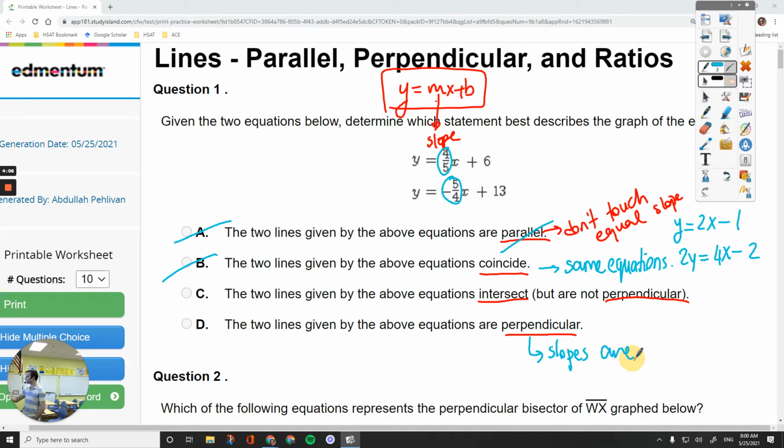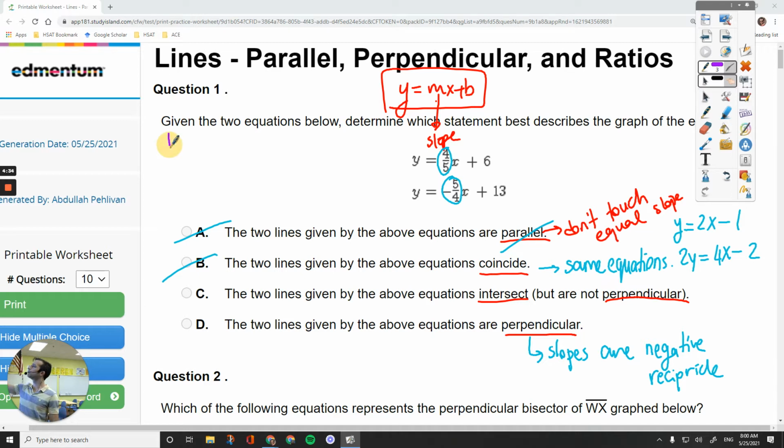The slopes are negative reciprocals. If the slopes are negative reciprocals, what happens is you flip the fraction, your slope, and then change the sign. Here are some examples of negative reciprocal slopes.